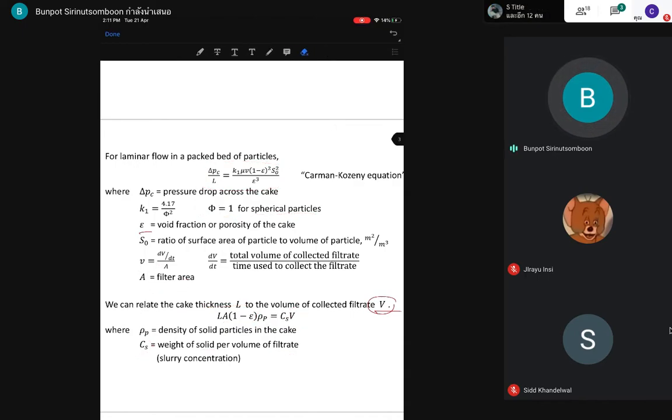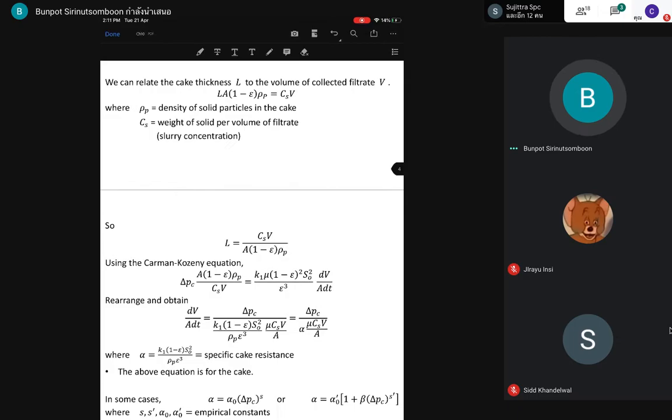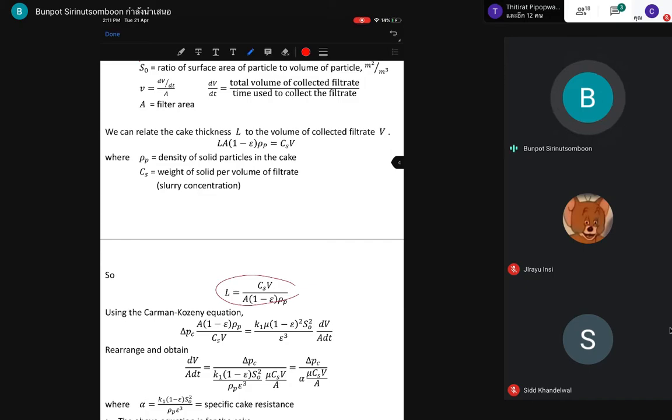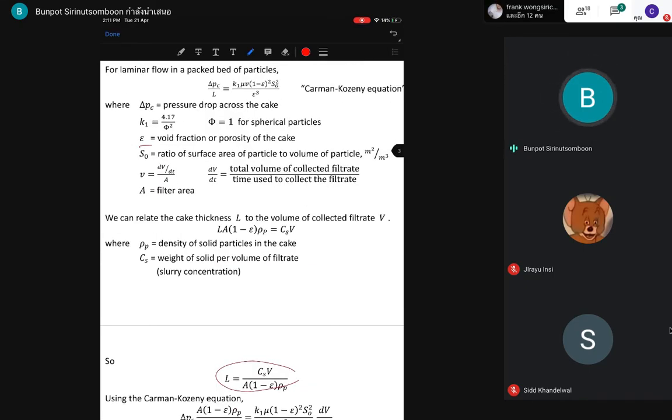So from this equation, you can rearrange it into this equation here, and then you can substitute this relationship back into the Kozeny-Carman equation.